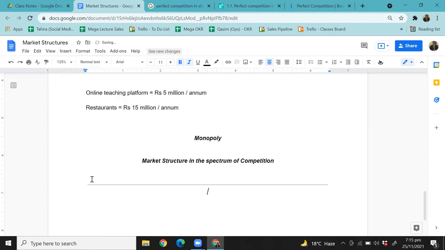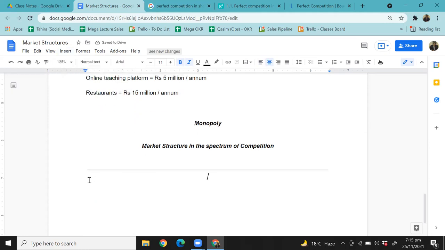So think about this: market structures on a spectrum of competition. On the left, let's say we write most competition, and on the right, the market structure with least competition.